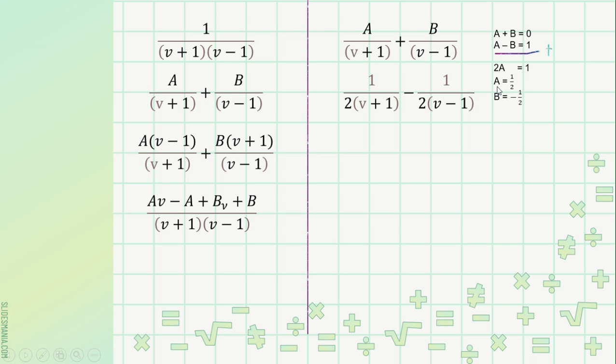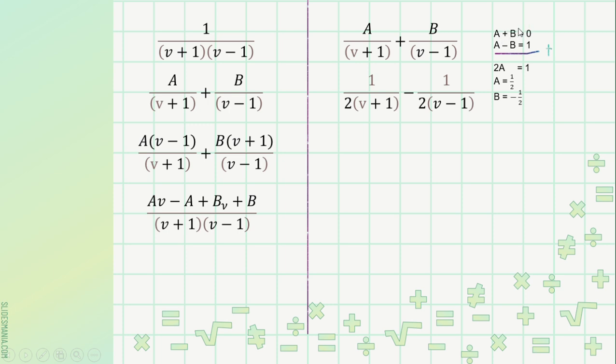And where did we get B from? We can get it from A plus B equal to 0, or maybe A minus B. It's still the same, and in this case I will use A plus B.